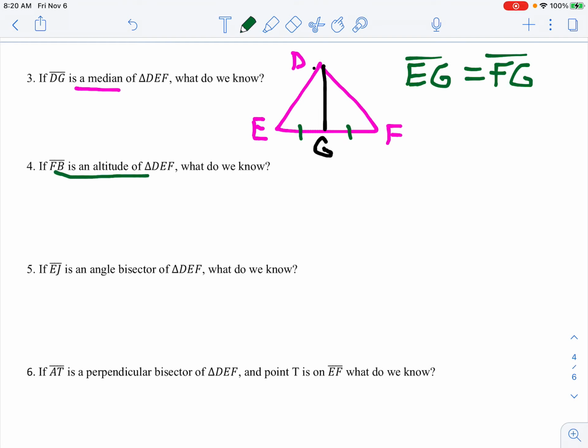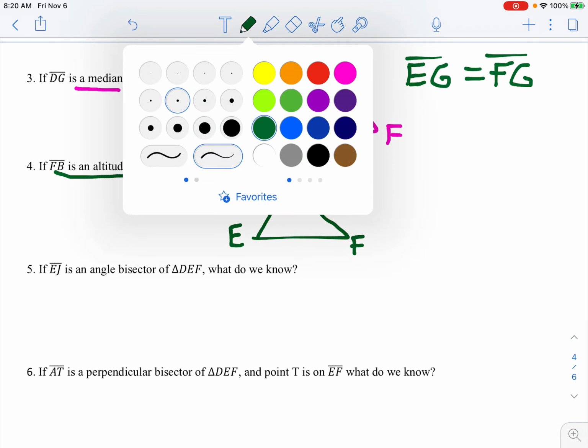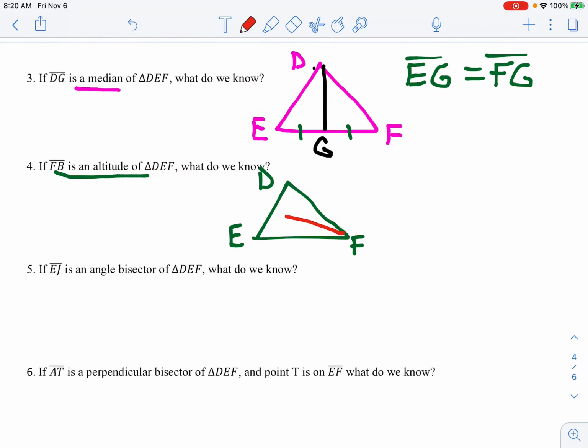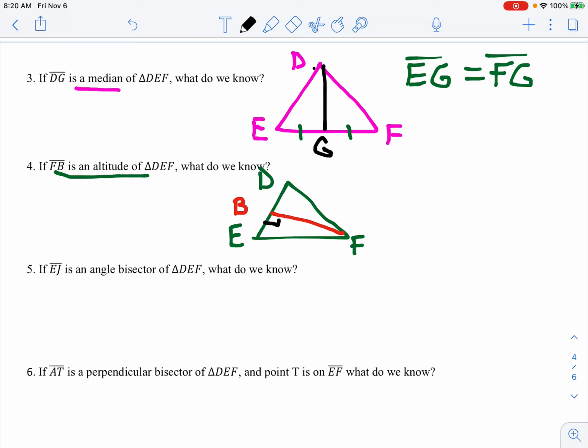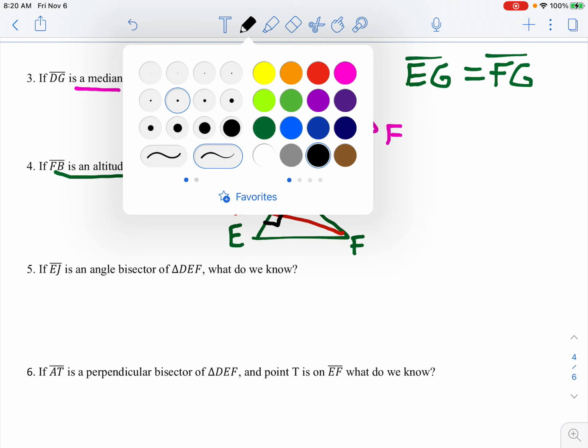FB is an altitude of DEF. So let's draw triangle DEF. Now you'll notice it says FB, so I'm going to go from point F and draw a line to my other line and call it point B where it touches. This says altitude, so I know that it forms 90-degree angles where it touches.